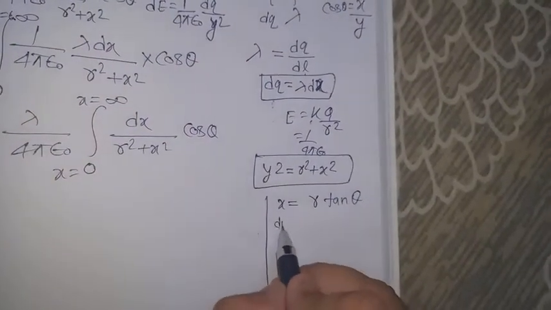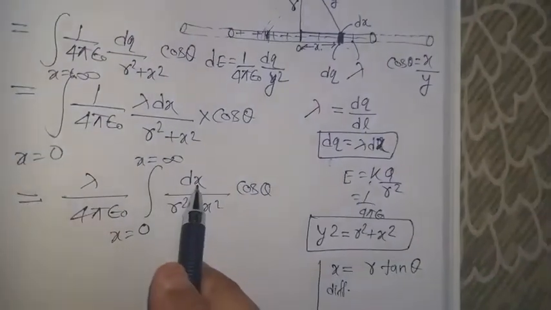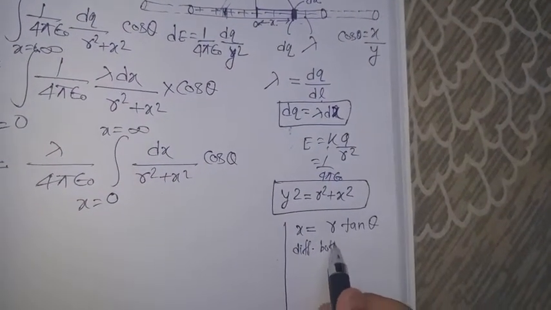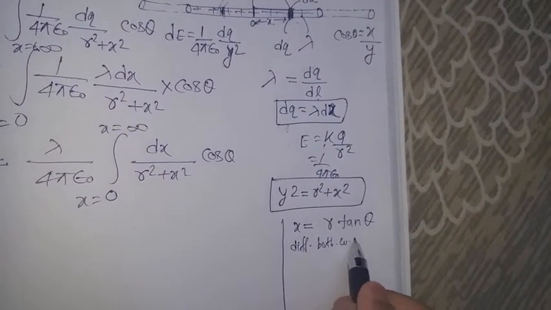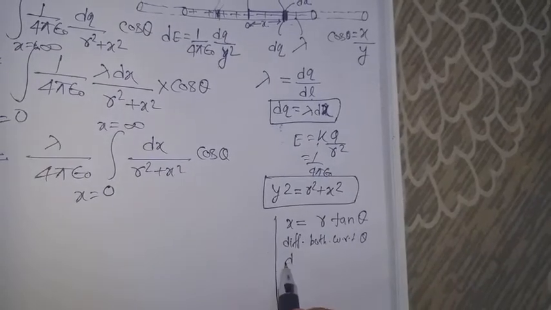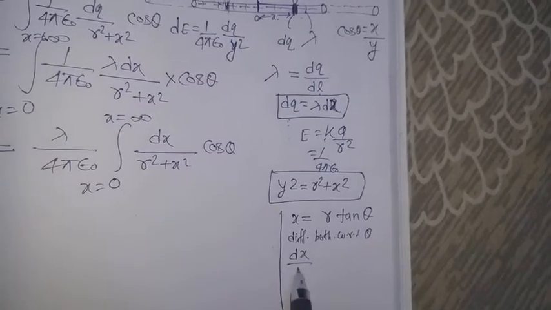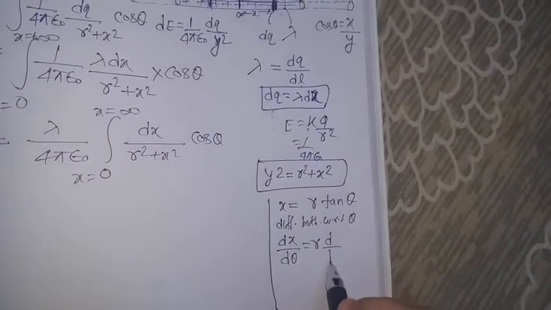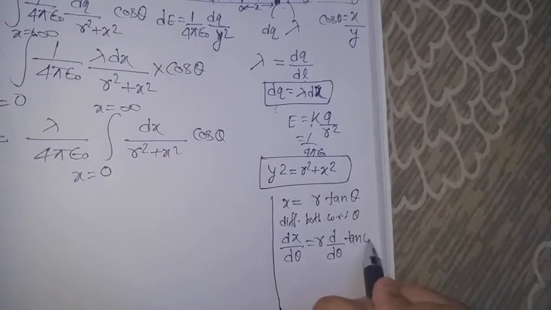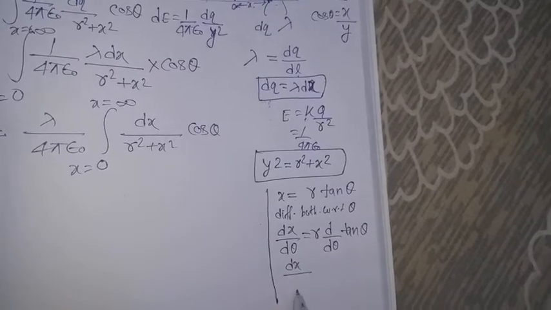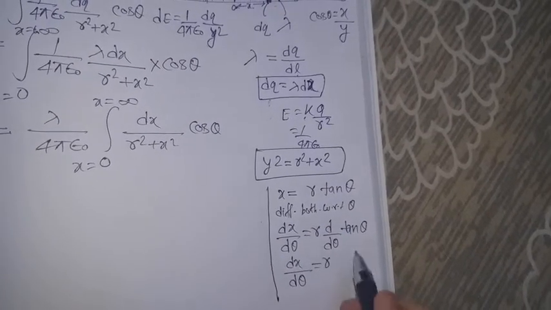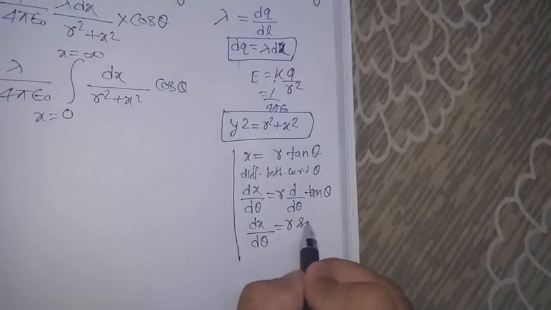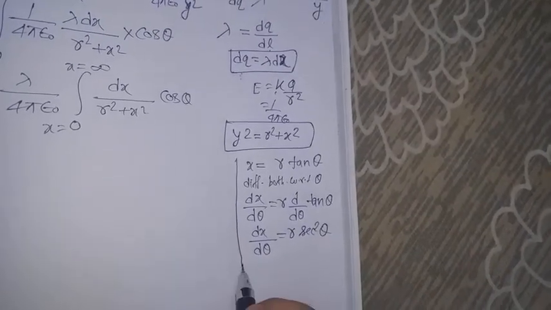Now differentiate. Here we have to replace dx. Differentiate both sides with respect to theta. So dx upon d theta equals r, since r is constant, and d by d theta of tan theta, which is sec square theta.